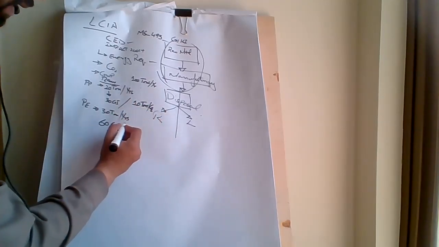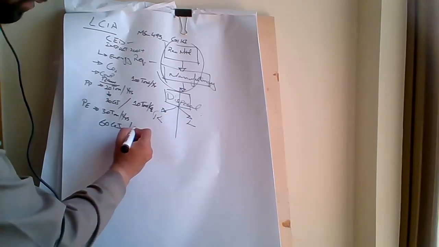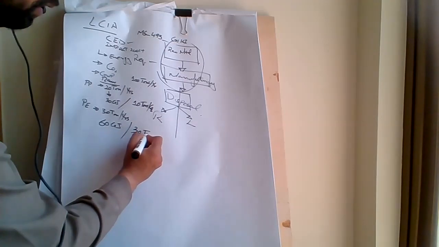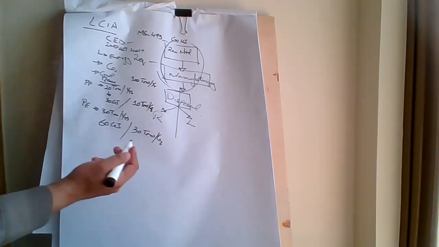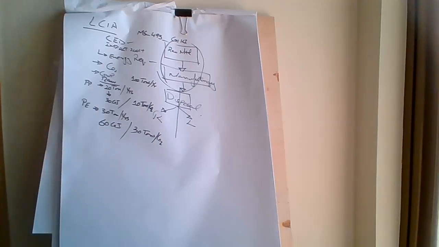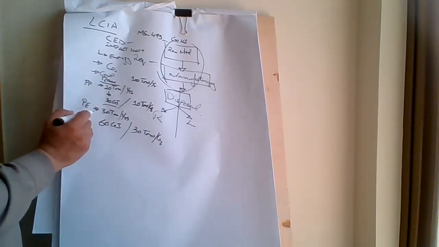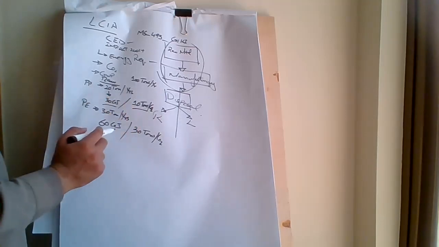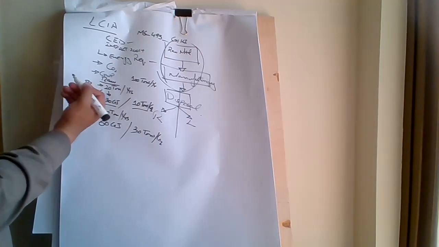Similarly for polyethylene, this process contributes 30 tons of carbon dioxide or carbon dioxide equivalent. It depends on whatever data values we have available. So we have discussed the energy requirement and the CO2 emissions, and we also need to calculate the global warming potential.